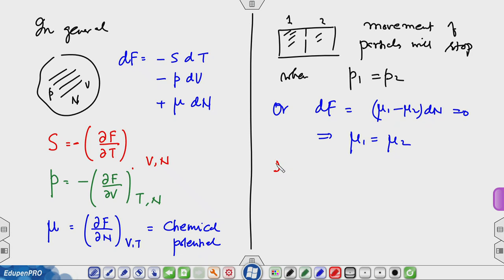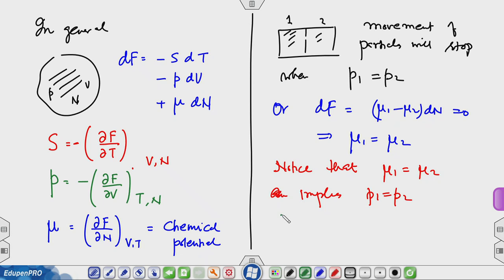So notice that mu1 equals mu2 implies P1 equals P2. So we are saying one and the same thing, that either the pressure becomes equal or mu becomes equal. So both are equivalent in this case. And therefore, the equilibrium condition is either that I can say pressure becomes equal and then calculate everything, or I can just say that mu becomes equal.